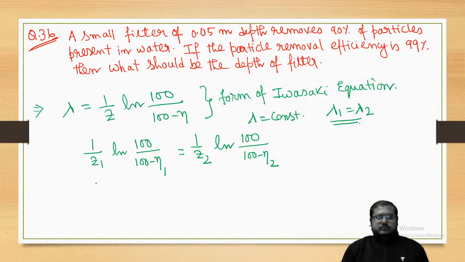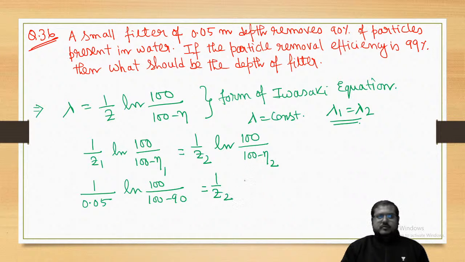So z1 is given as 0.05. 1 by 0.05 ln 100 by (100 minus 90) is equal to 1 by z2 ln 100 by (100 minus 99).